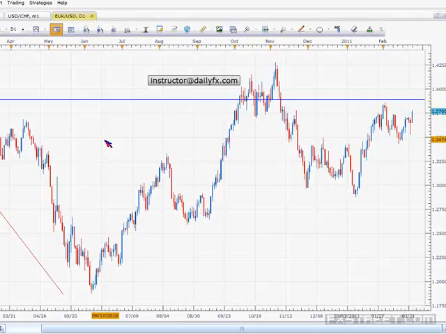Minimally, the distance from here is going to be that same level, 3,700 pips. A lot of times, it can be a 1.618 of that level. So if this is correct, this could be a 5,000 to 6,000 pip move from this point.